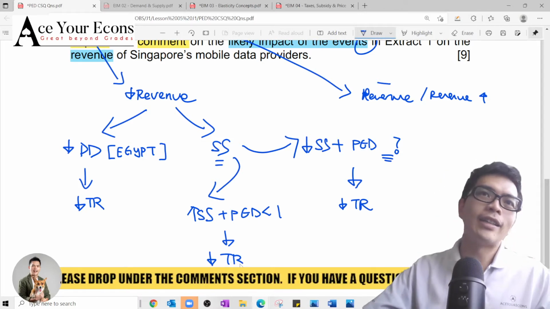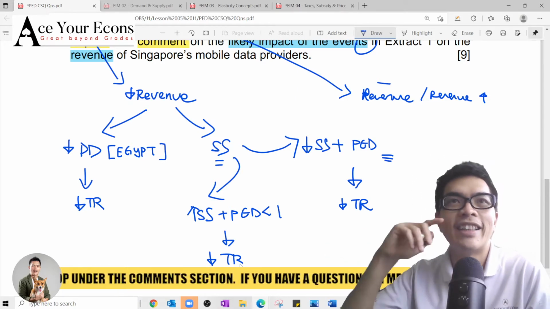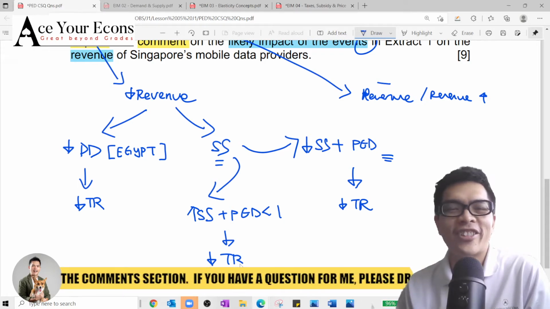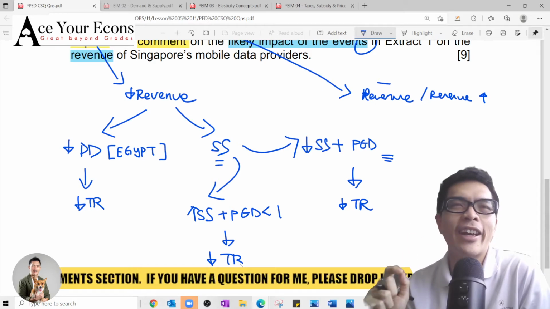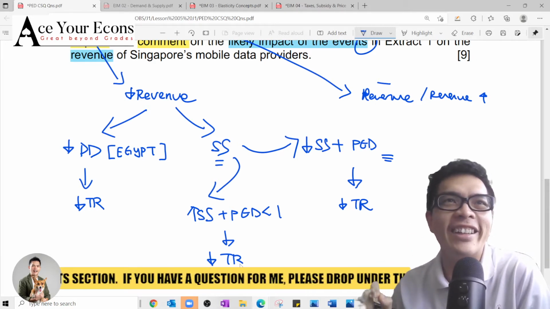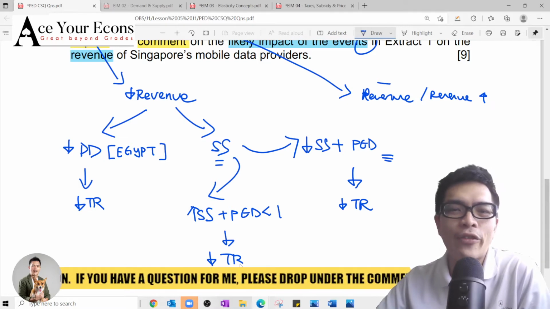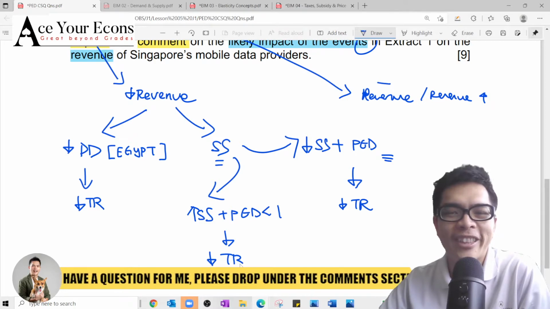If you all can deduce the size of your PED here, I think you all are pretty much good for A levels really. Or you all probably understood clearly what I've said earlier on. So can you all make a deduction? What should be the size of your PED here in order to justify a fall in total revenue?